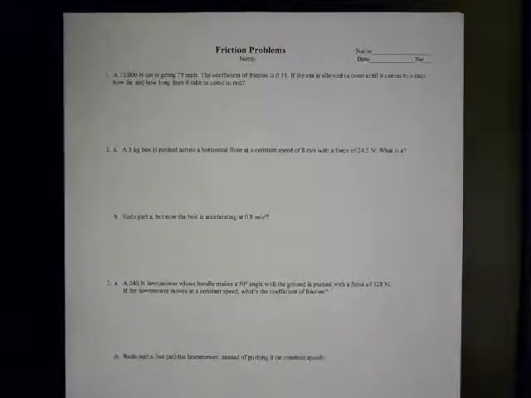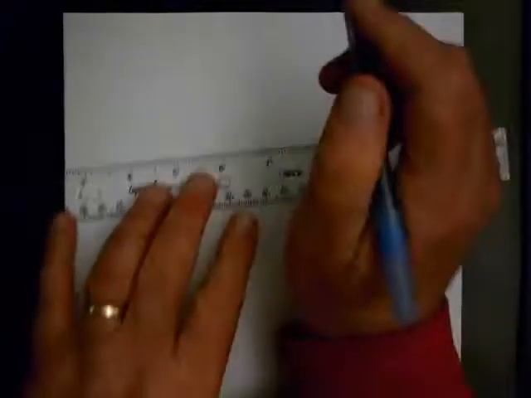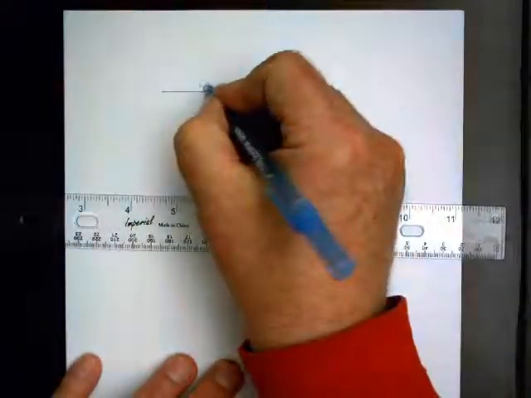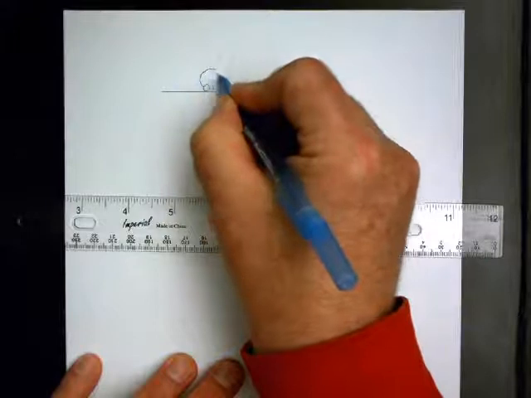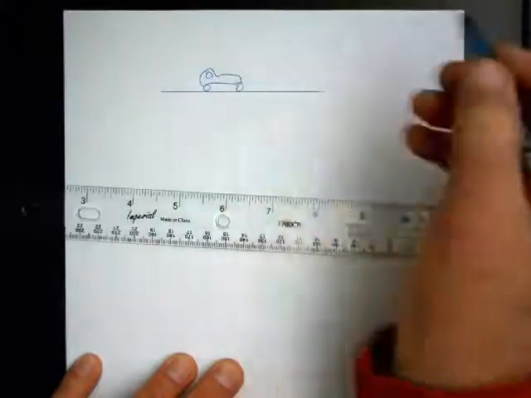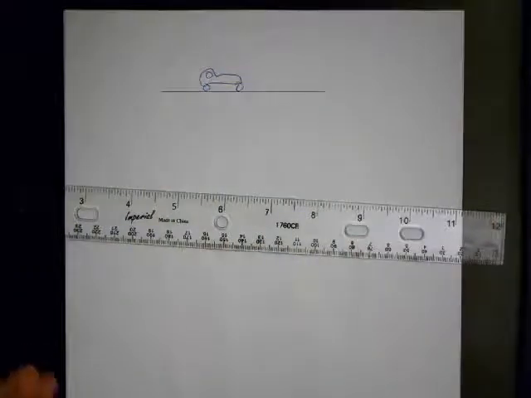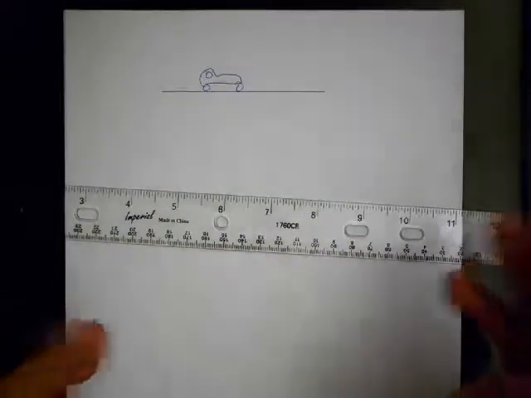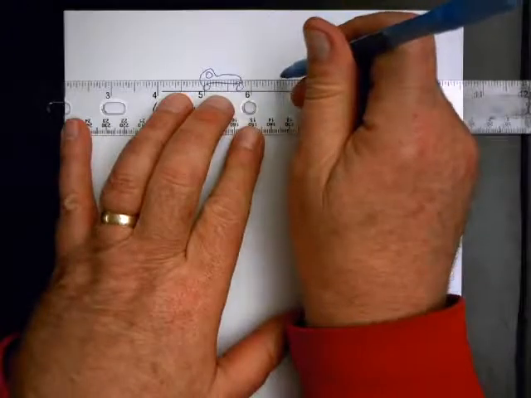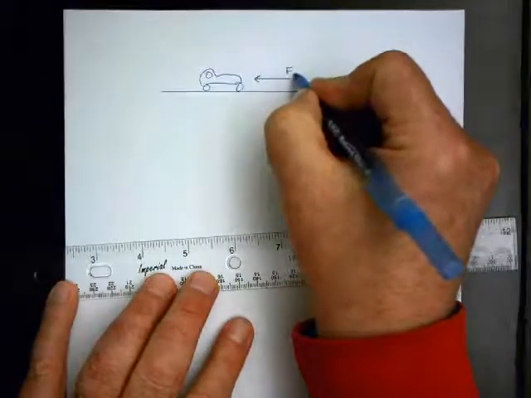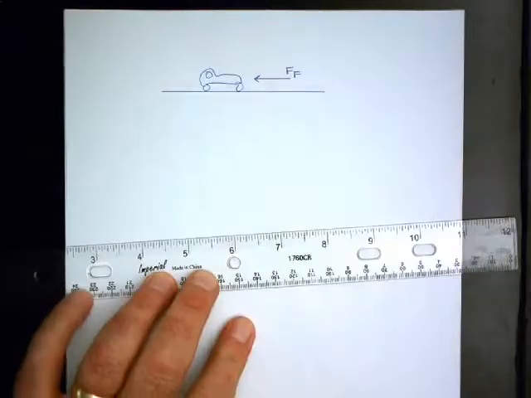And the first thing you need to recognize is, hey, I need a drawing. So let's make our drawing first. And I've let my foot off the gas pedal. So there is no FA. There is only, along the line of motion, a force of friction.